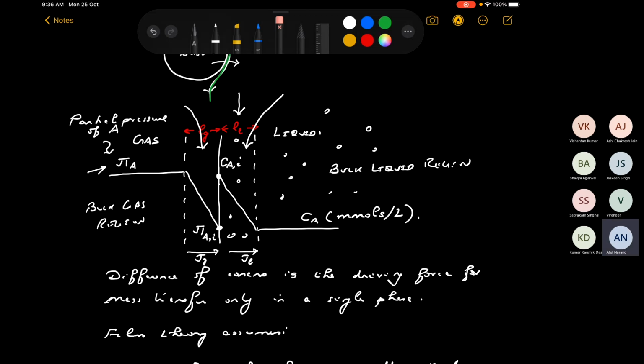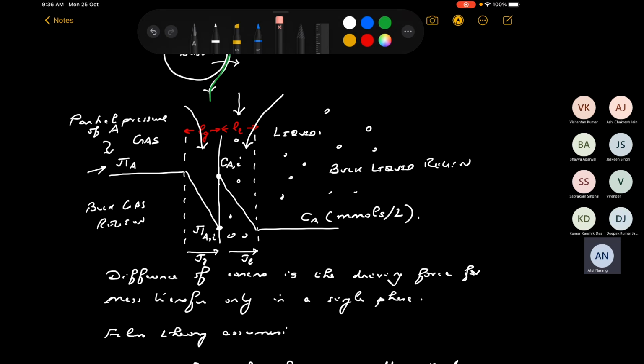So essentially, we have the partial pressure of the gas in the bulk phase, which we denoted p i a, which goes down only in the thin boundary layer to the value p i a i, which is its concentration at the interface. And then at the interface, the two concentrations are in equilibrium: p i a i is in equilibrium with c a i.